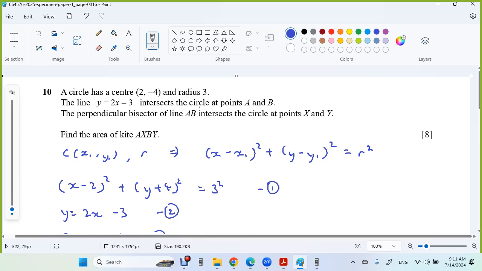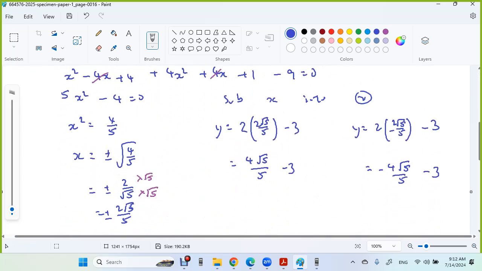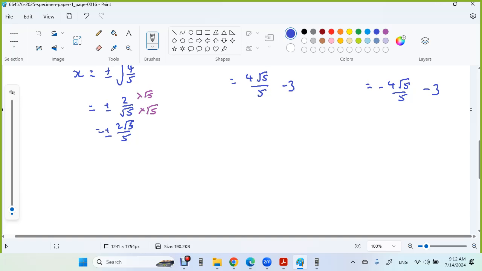So the perpendicular bisector of AB intersects the circle at points X and Y. So we want to find the perpendicular bisector of AB. A is (2 square root 5 over 5, 4 square root 5 over 5 minus 3), and B is (negative 2 square root 5 over 5, negative 4 square root 5 over 5 minus 3).